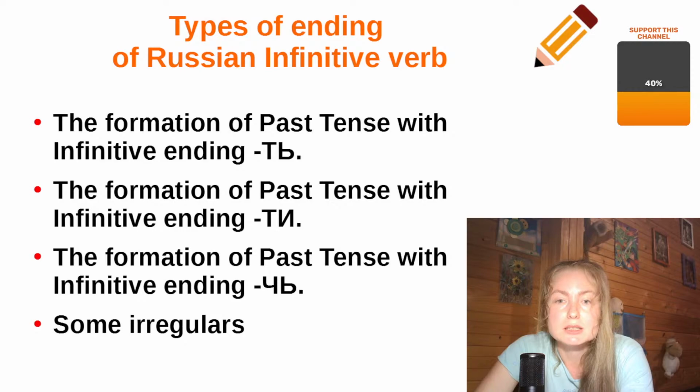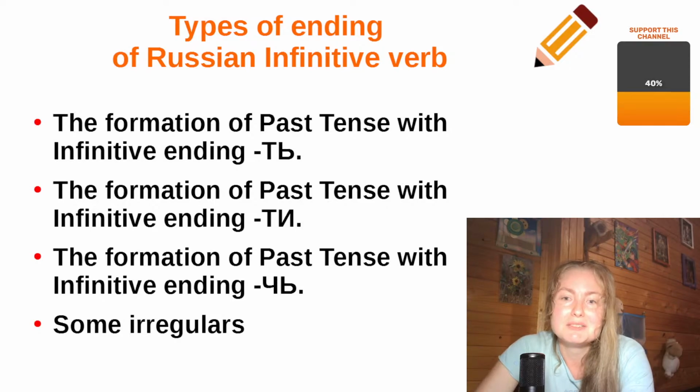The second type is infinitive ending «ти». And the third type is infinitive ending «чь». «Ти» and «чь» you can meet quite seldom. For beginners, I can say that you won't meet them at the beginner level.